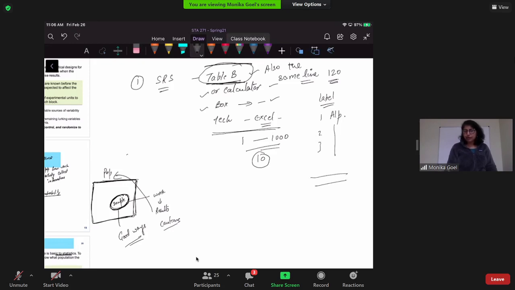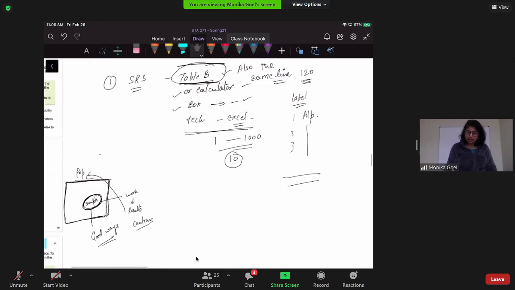If you are working with one digit, let's say our last digits are 5, 6, 7, 8, then you do the partition after every one digit.